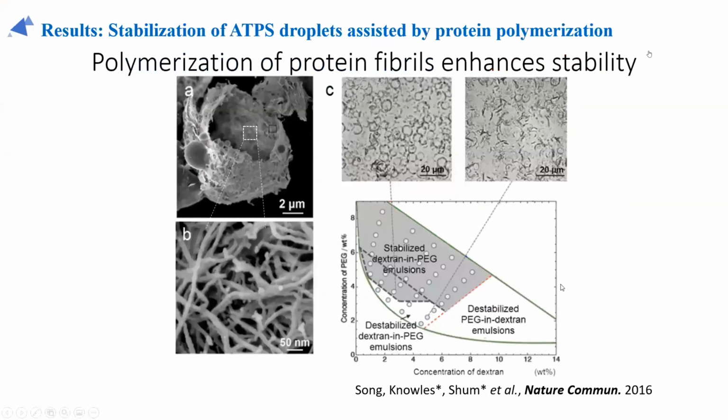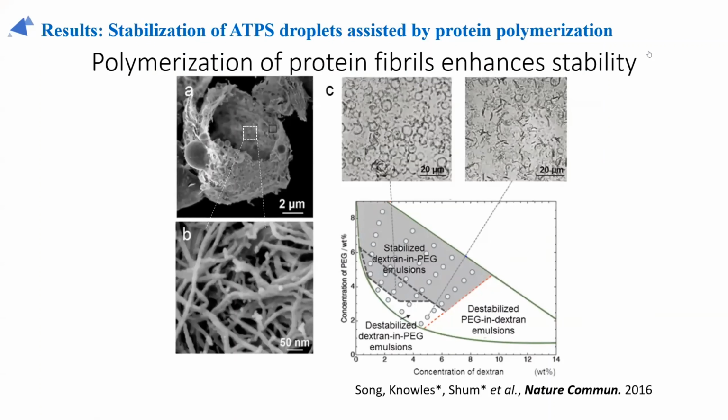And we also looked into whether it's possible to enhance the stability of emulsions that would otherwise be unstable. For example, we started in this area that was in the white area rather than the gray area, and then we provided conditions for the protein fibrils, initially not enough to stabilize the emulsion, but we allowed them to polymerize and grow.